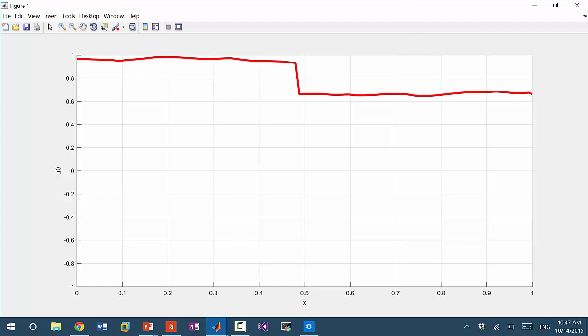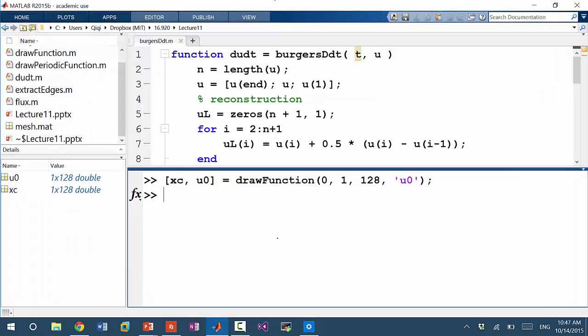For the Burgers equation, how should the solution evolve? It should propagate towards the right. This discontinuity is going to remain as a shockwave, and this periodic discontinuity is going to become an expansion wave. Okay, let's solve it to see how it behaves.